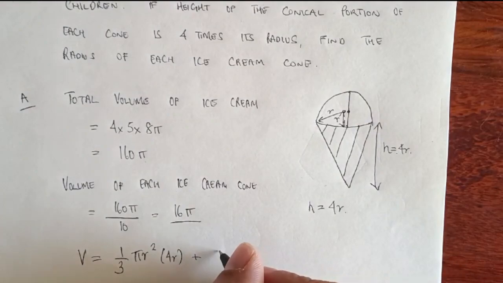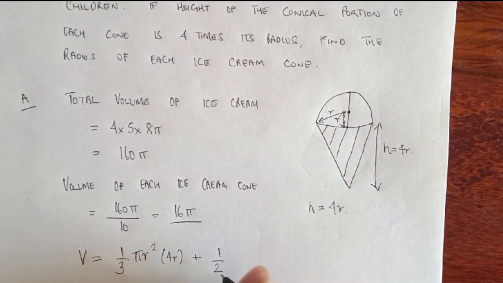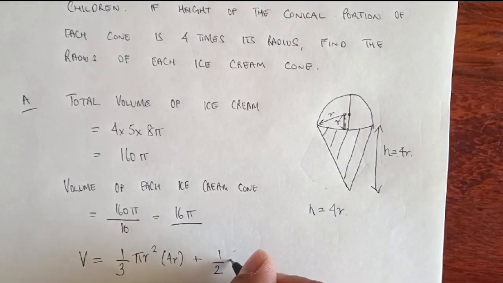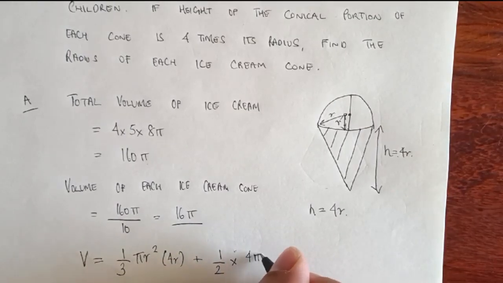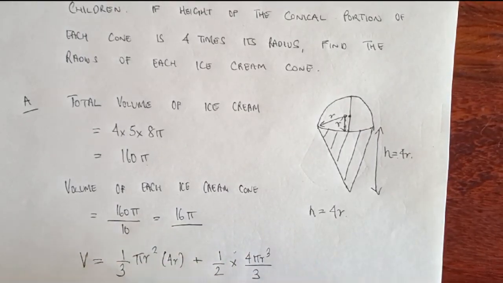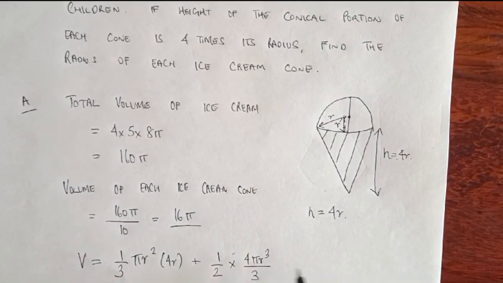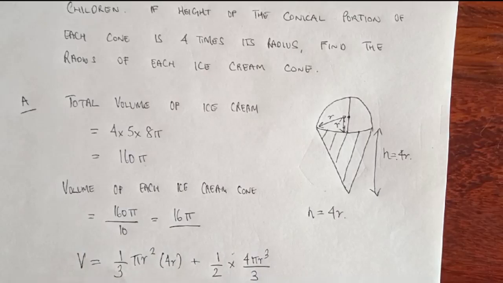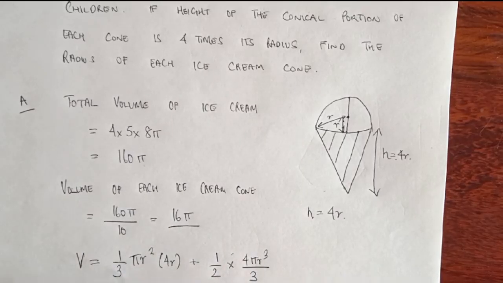So the volume of a hemisphere is 1/2 into 4/3 pi r cube, right? Which is the volume of a sphere. So we have divided that by 2. So what does this give us?